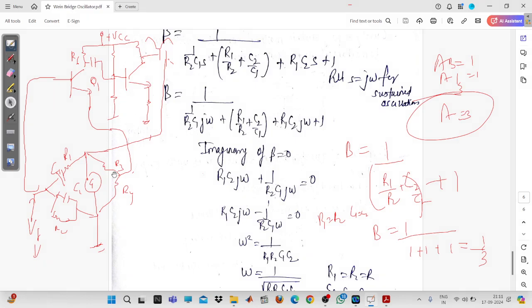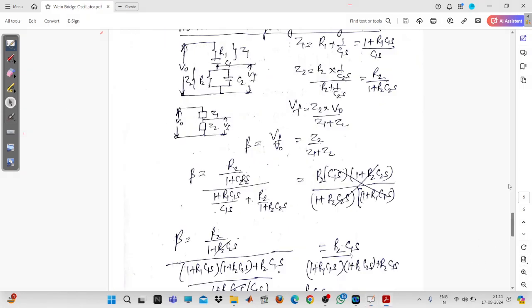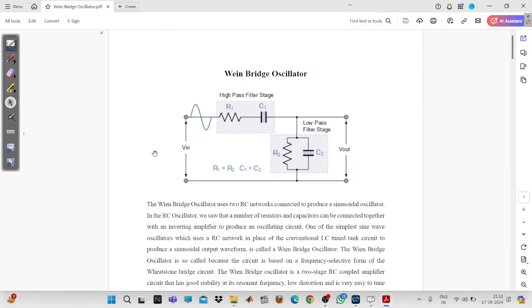Okay, so now why we have taken this R1 C1 and R2 C2, I think everyone will be having this question in their mind. So to quench your query and to provide you the solution, we will go upwards again. So you can see this one is the B input, and we have taken this as the first arm, and this one is the second arm.